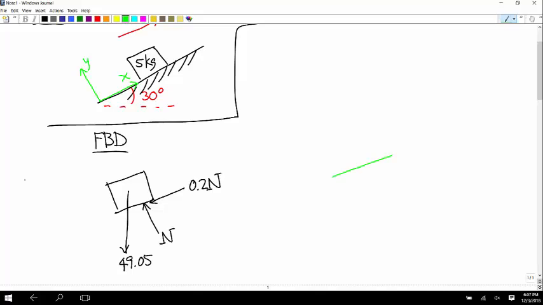So I'm going to draw a picture so we can figure out what the components are of that weight force. This angle here is 30 degrees. And so that vector, if you go counterclockwise from the positive x-axis, it's 90, 180, and then 30 degrees short of making it to 270, so it's 240 degrees. So this theta is 240.